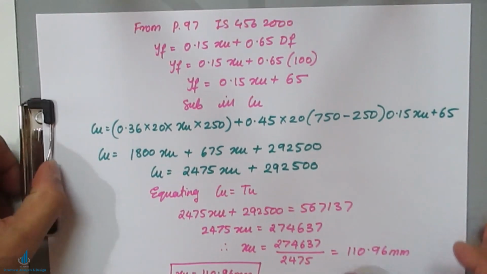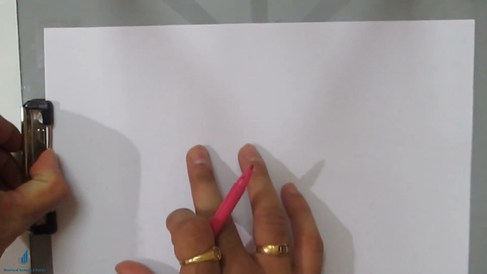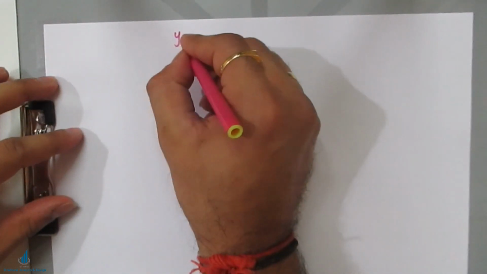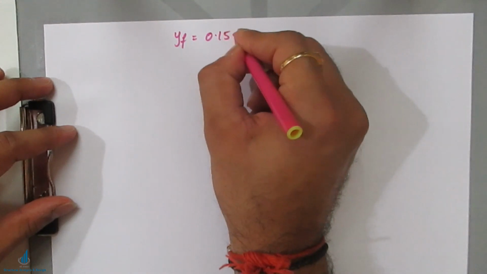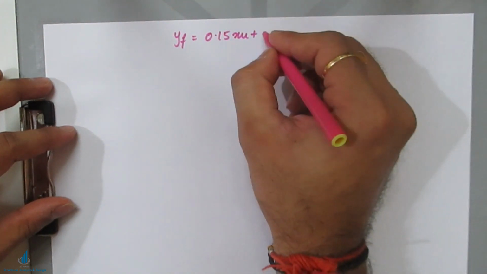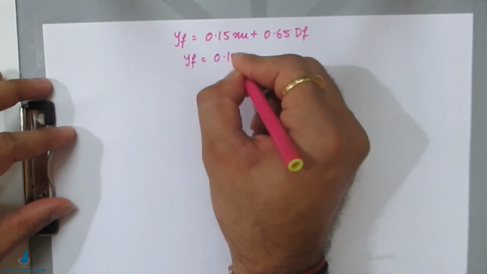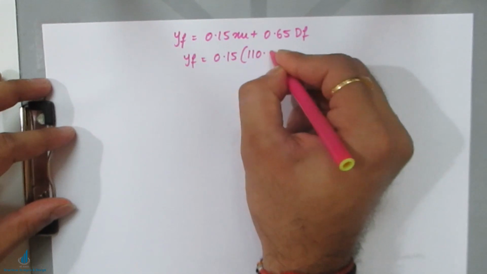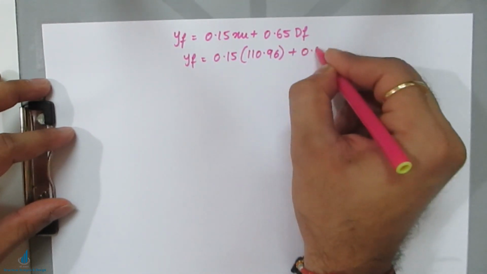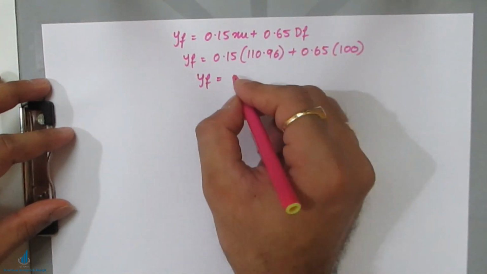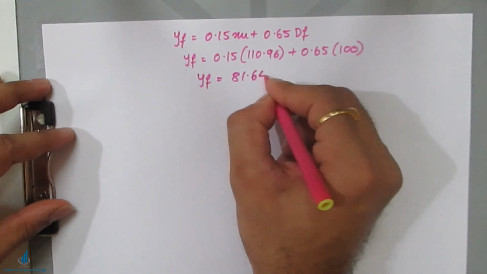Then you can again find the value of the stress block parameter yf, because xu is a known parameter now. So yf was 0.15 xu plus 0.65 Df. So yf is 0.15 into 110.96, plus 0.65 into Df, which is 100. So yf becomes 81.644.